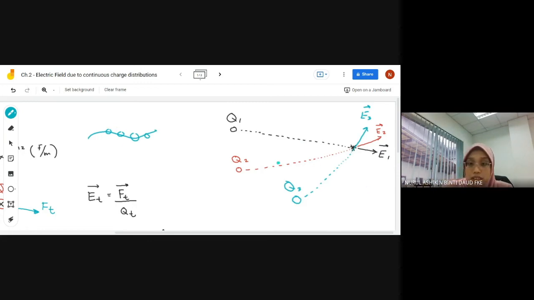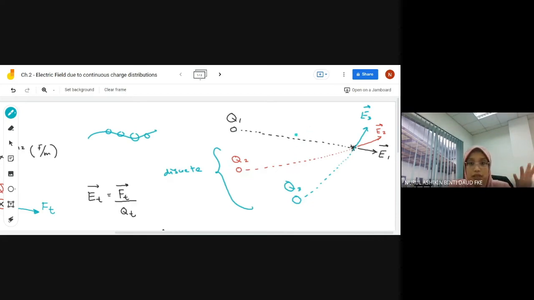However, in this case, this is discrete. It is separate. Q1 is not continuous with Q2. It is not continuous with Q3. We call this discrete point charge.